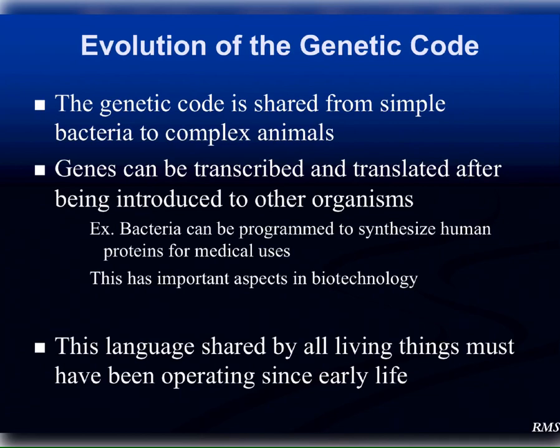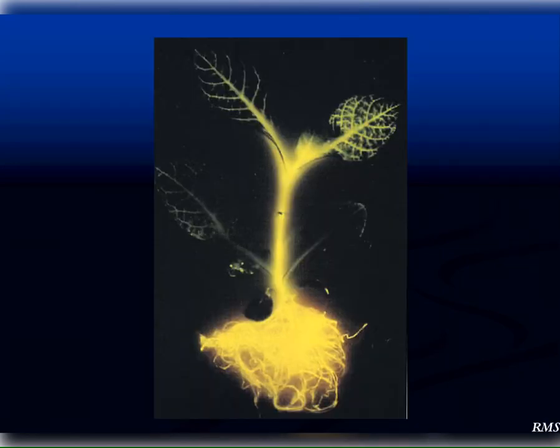At some point, we can basically make designer whatever we want. You might have heard of the idea of making designer babies. Well, there's a whole bioethical dilemma that goes into that, but in theory, we have the capability of doing that. We can take plants and insert them with the firefly gene and make them glow.